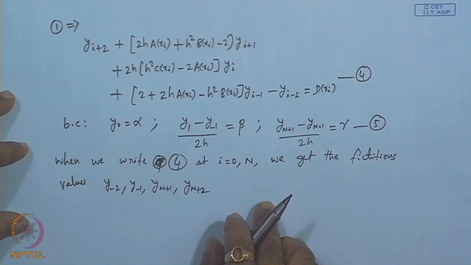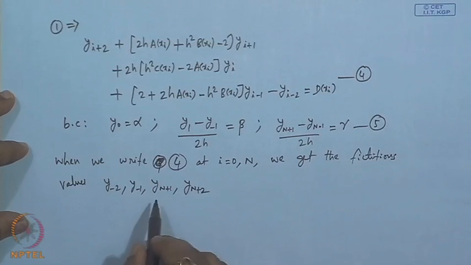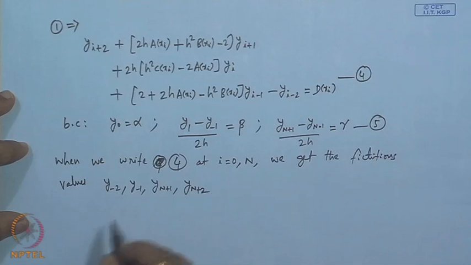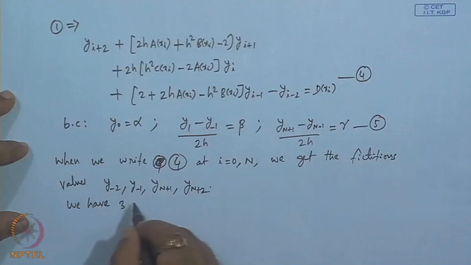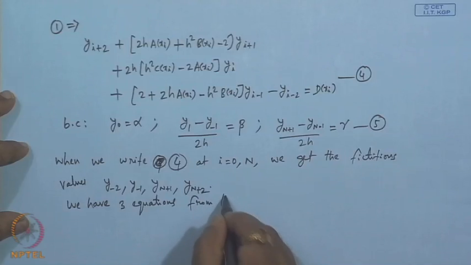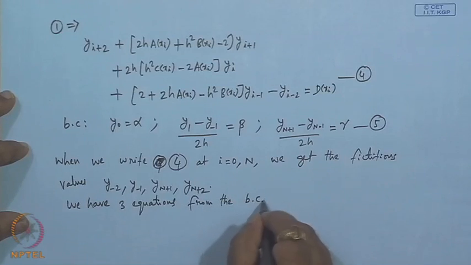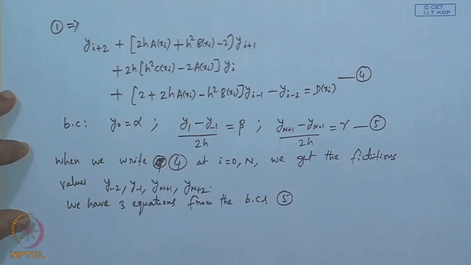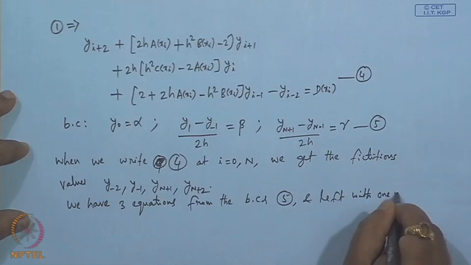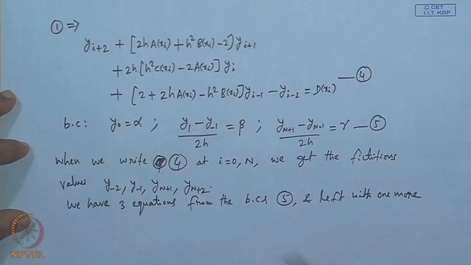Okay. However, one can obtain 3 equations. So, already we have, okay, we have 3 equations from the boundary conditions 5. Still we are left with one more, that is one more equation.